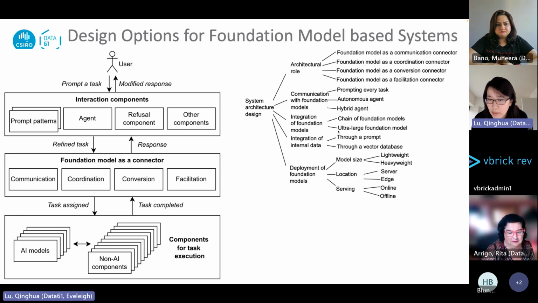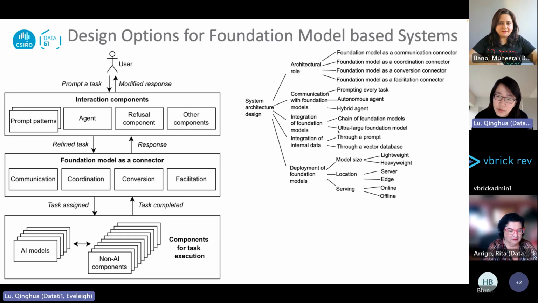And another major decision may be the integration of the internal data of the enterprises. So you can do it through the prompt, but because there's a context window limit, and you also need to keep updating your internal data, maybe you need to consider to use a vector database to make the semantic search for the relevant unstructured data source.